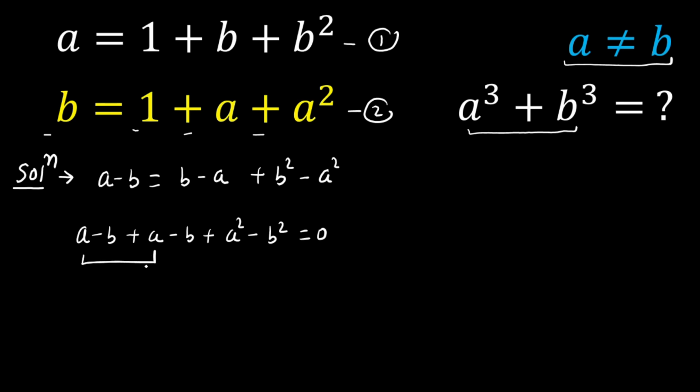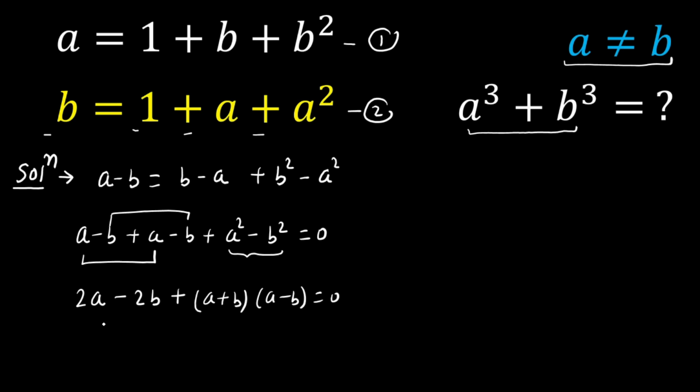a plus a is 2 times a, and negative b negative b is minus 2 times b, plus a² minus b², that is (a plus b) times (a minus b), and this equals 0.